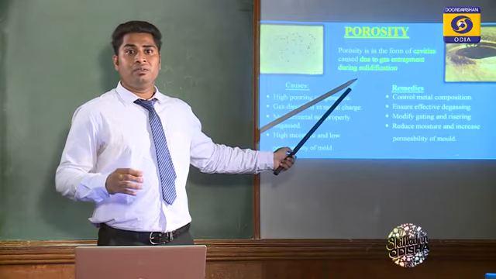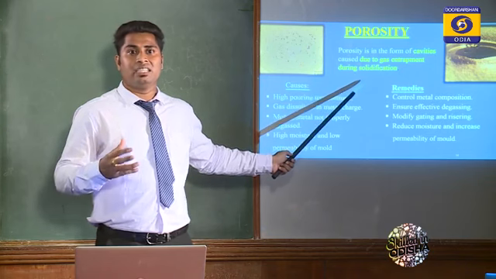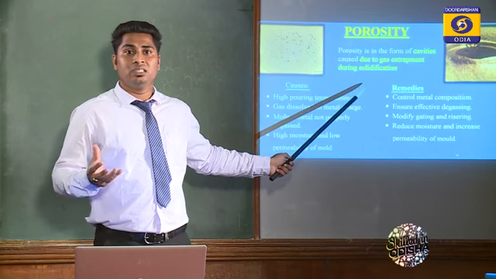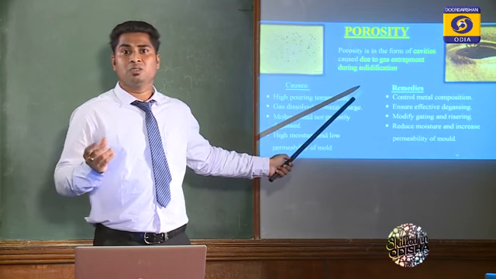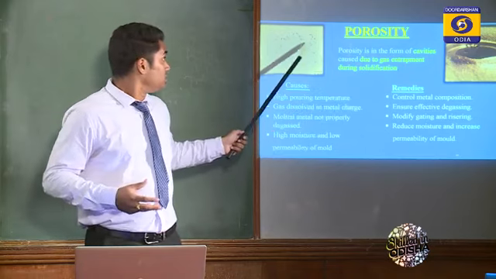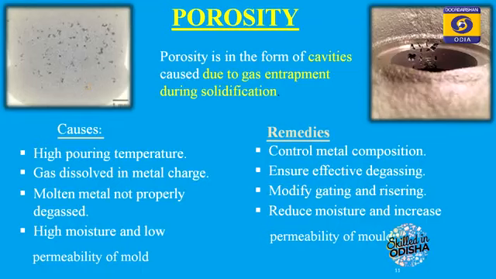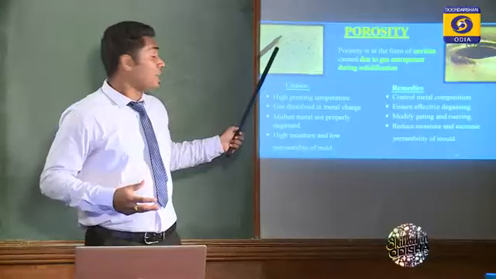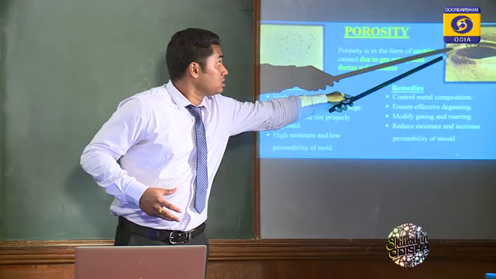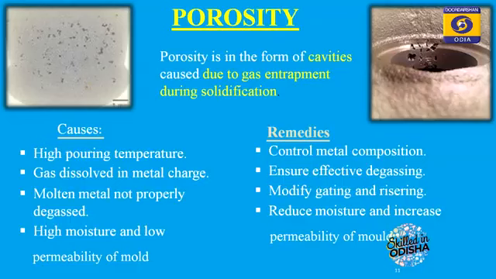If there is gas inside the liquid molten metal, then after solidification small pores form, which is called porosity. See this figure, there is a small formation of pores. The black spots are porosity. See that last figure, this is also porosity, small pore formation due to gas entrapment inside the liquid molten metal.